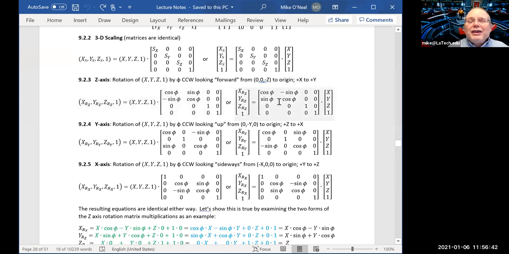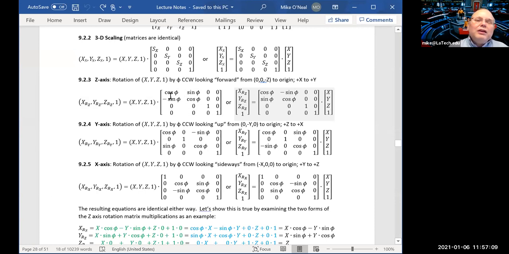But another way it can flip is if you're going between point times matrix or matrix times point. So if you just see the matrix, and you don't see anything surrounding it, it might be assuming a counterclockwise rotation in a left-handed system, but in matrix times point form.